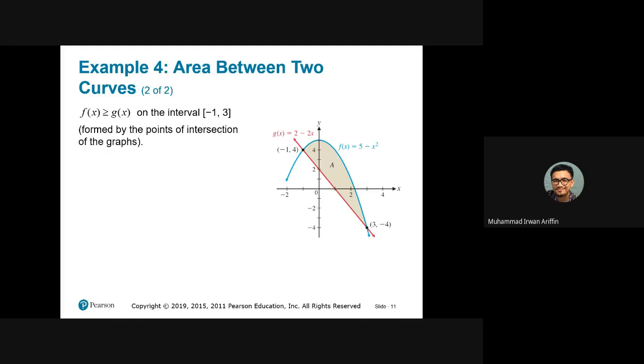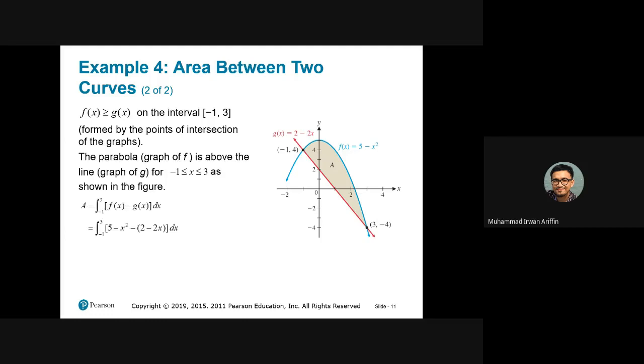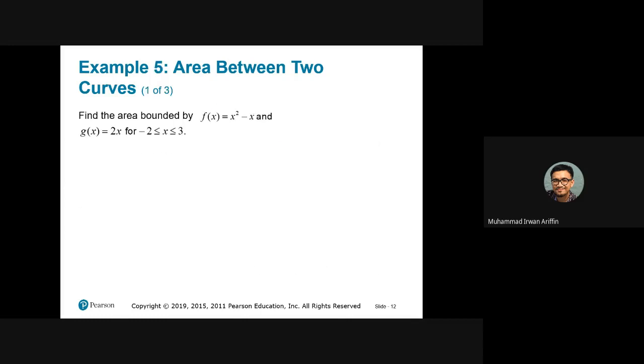Then we know that f(x) is always above g(x) within this interval, -1 to 3. So we can apply theorem 1 and subtract g(x) from f(x), and then find the antiderivative and evaluate it at the upper limit and the lower limit. The area A would be 10.667.